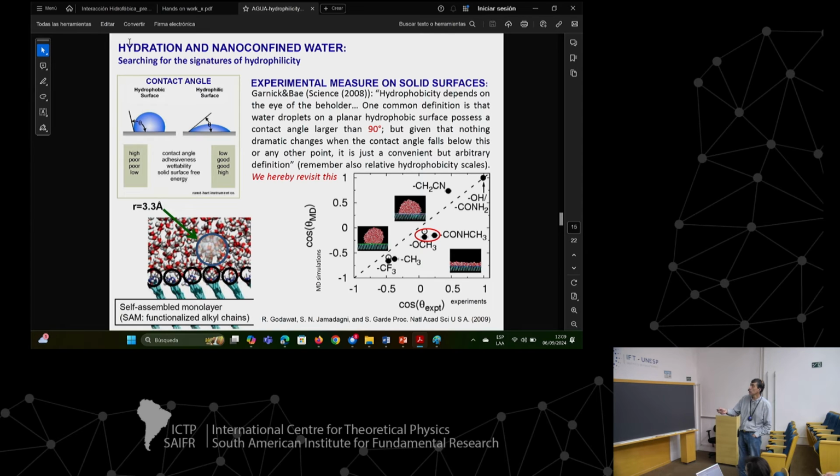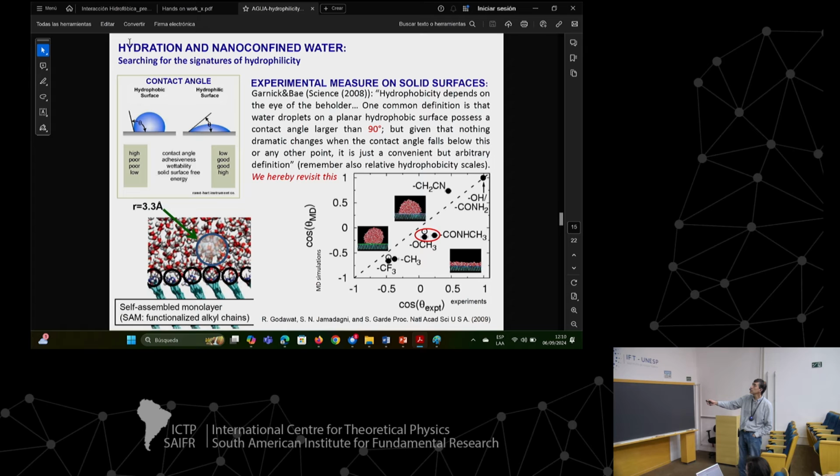And sorry, this is experimental. But then when you go here, this is the hydrophilic region. So this is close to 90 degrees, and this is close to 0 degrees, because this is the cosine of the contact angle. The hydrophilics are here.